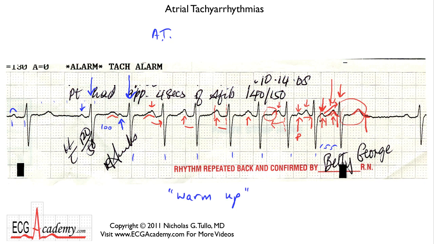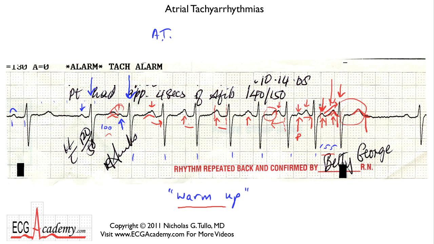So if you carefully dissect this strip, you can get the sense that the P's can march around and they can change their position with respect to the previous QRS complex, and that gives you a hint that that's the P. It's kind of marching on through. But in fact, what we had here, if you count this as the first beat, you have 1, 2, 3, 4, 5, 6, 7, 8 beat run of atrial tachycardia with a warm-up phenomenon that started at 100 beats per minute and sped up to about 155.